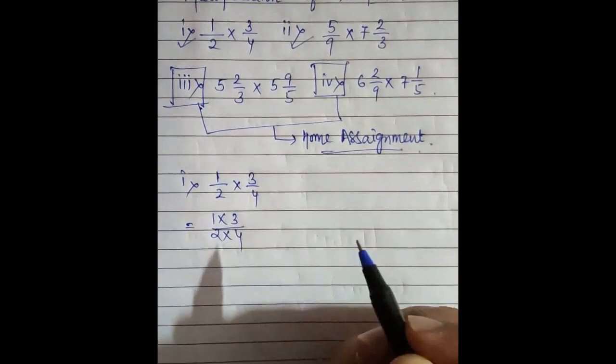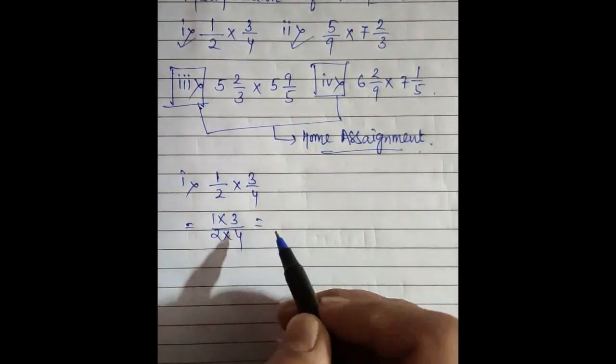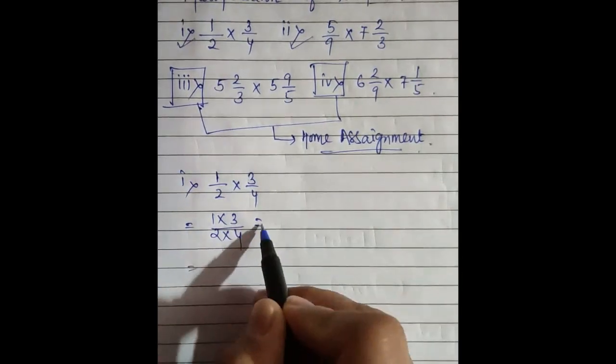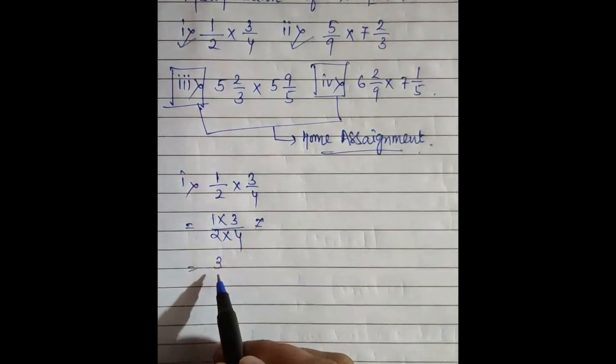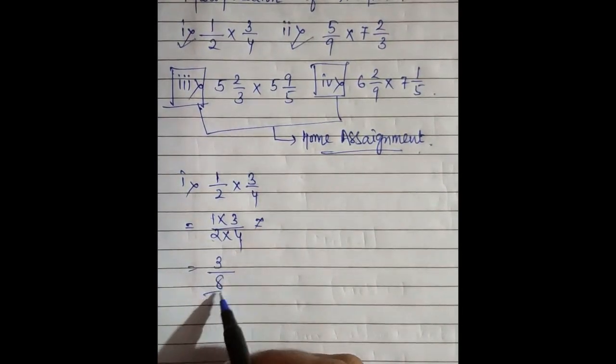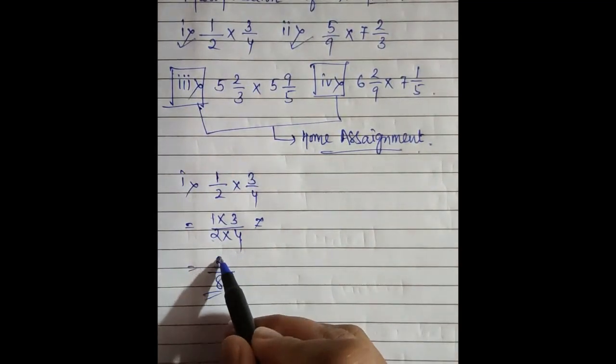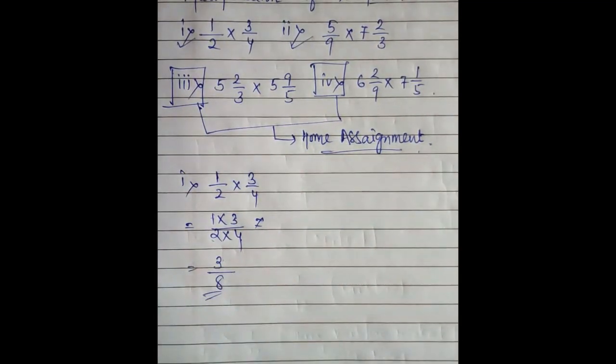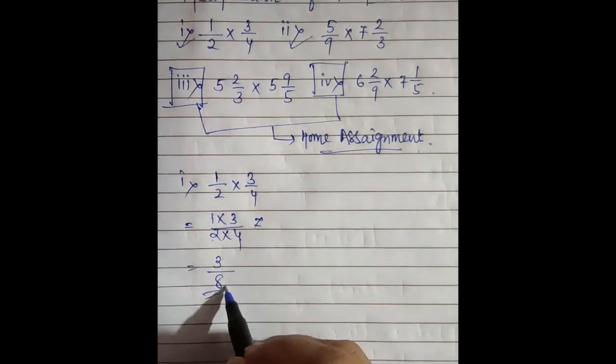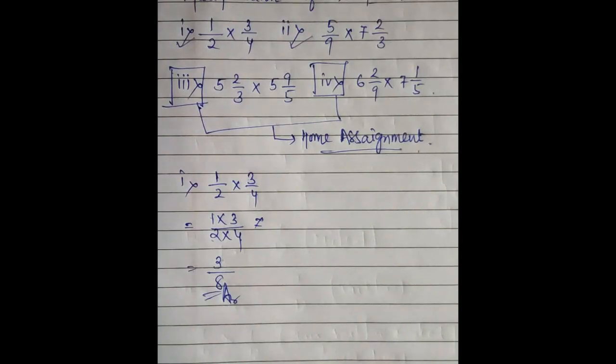You can directly write the answer also, or you can do it in such a manner. So 1 into 3 is 3 and 4 into 2 is 8. If some numbers in the numerator and denominator can be divided, then you can divide them. Here nothing can be divided, so keep it like this.